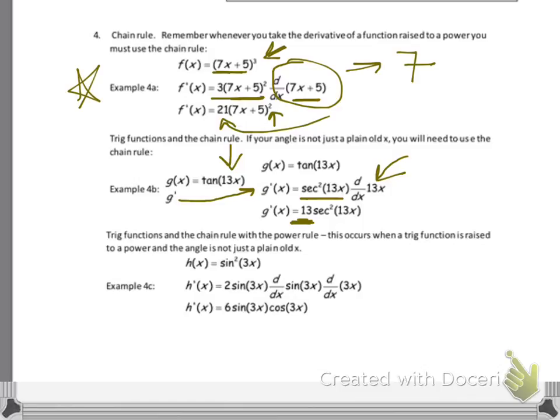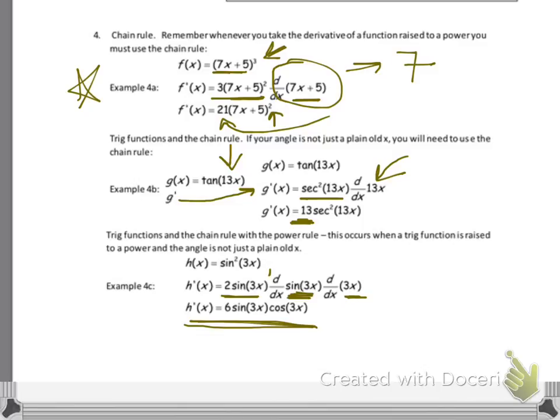So here is my power rule. It might help you to raise this to the first power, then take the derivative of what was inside the parentheses, and then take the derivative of the angle. Pull it all together, and here is your final answer. Okay, so that's all of the old stuff.